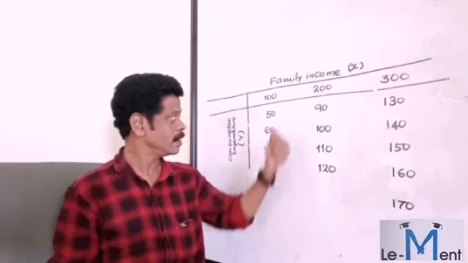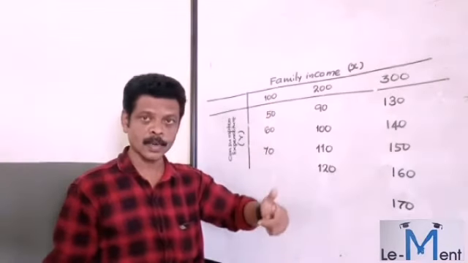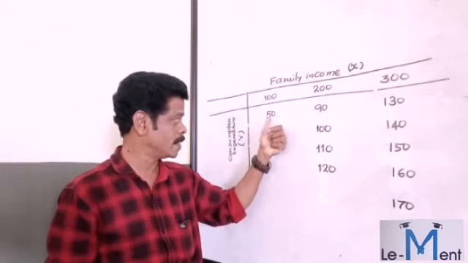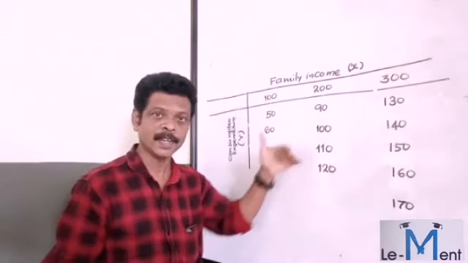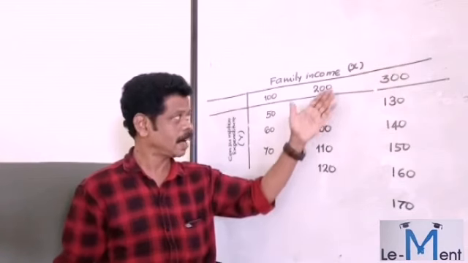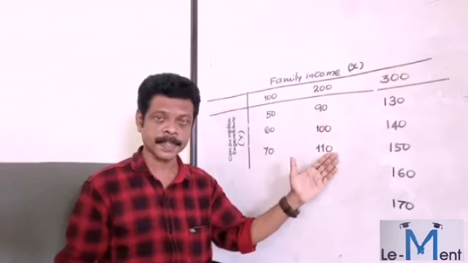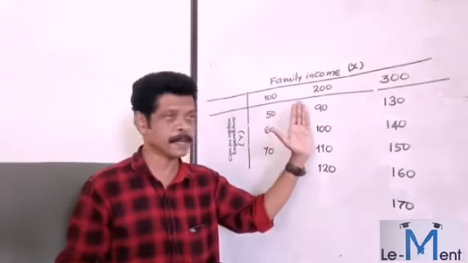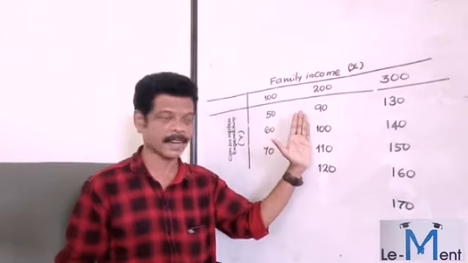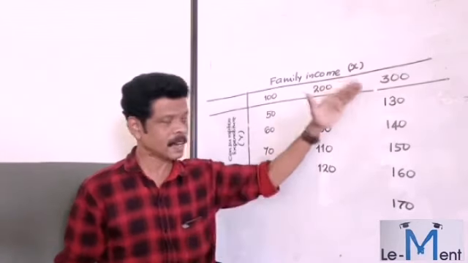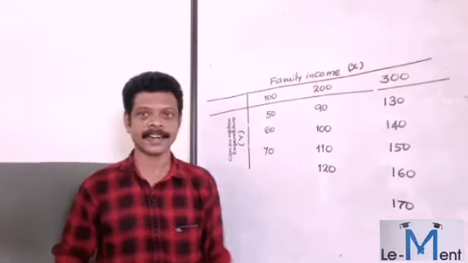For example, under the 100 income group, there are families having 50, 60 and 70 rupees as their expenditure. Under 200 rupees, there are 4 families having expenditure of 90, 100, 110 and 120. Like that, there are 5 families under the 300 income group.